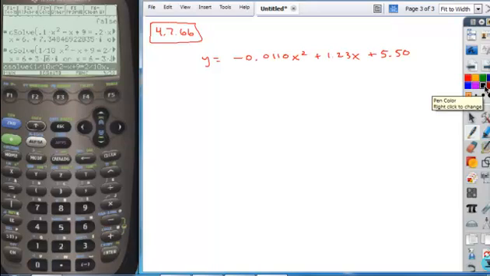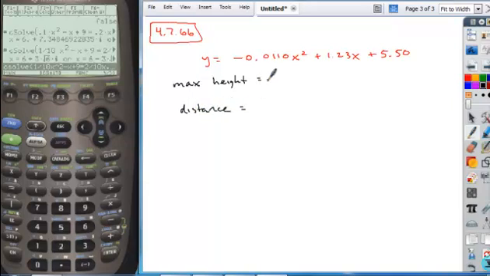Right. So in looking at this problem, the questions that are asked about it relate to what's the maximum height and what's the total distance that it travels.